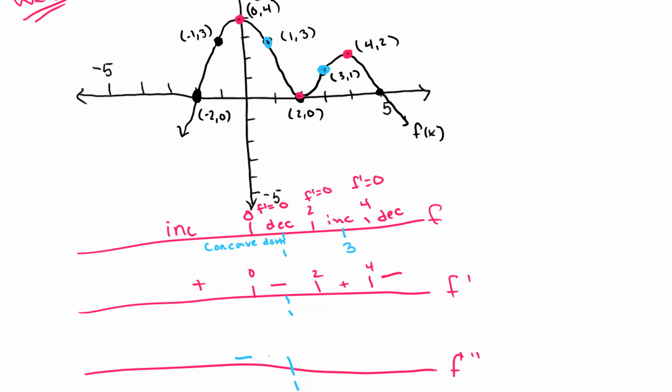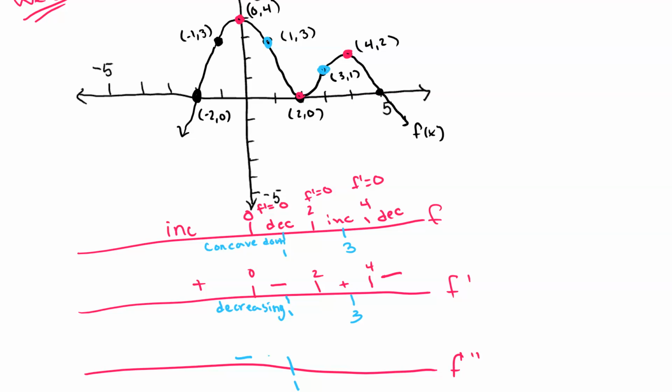So that means my graph is going to be decreasing, because the second derivative is the rate of change of the first derivative. It's the slope of our first derivative graph. So it's a key characteristic we had written down in the notes for the first problem.